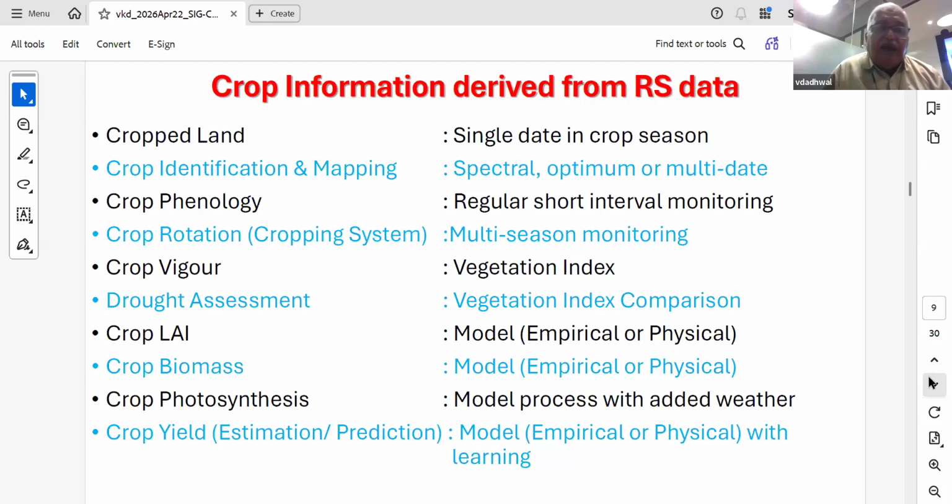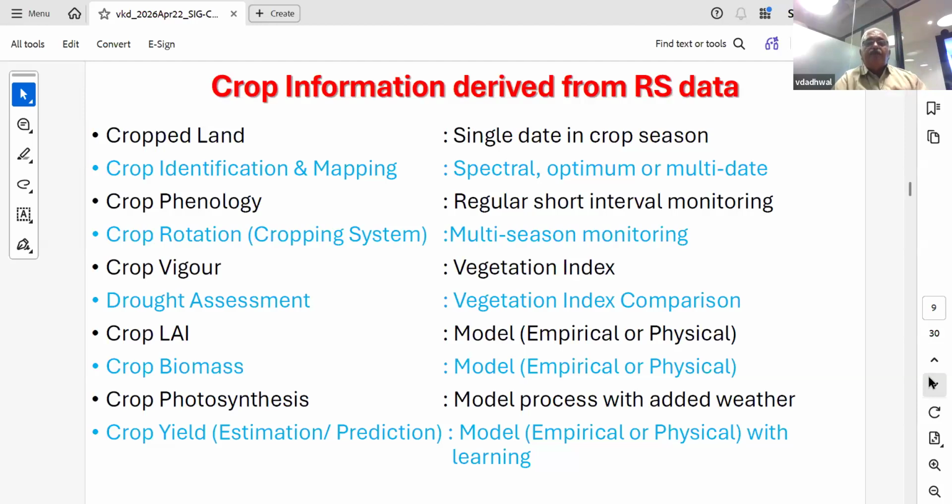Now, LAI and biomass are state variables, right? But photosynthesis is a process variable. So it is not only determined by the crop, but also the amount of moisture, stomatal opening, the radiation which is falling, and various efficiencies. So it is a process model with added weather.